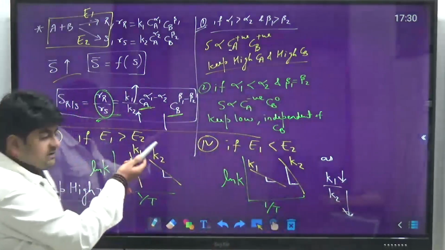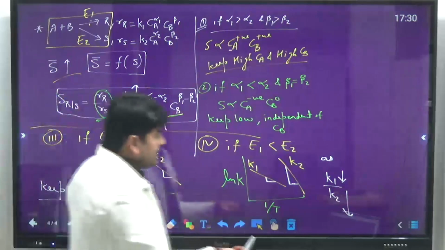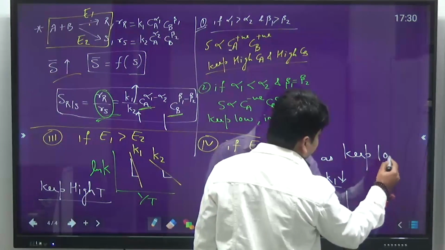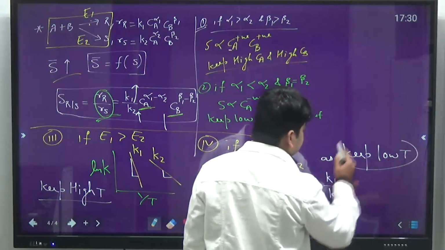So K2 is decreasing, so obviously the ratio will increase and S will increase. So we will keep low temperature.